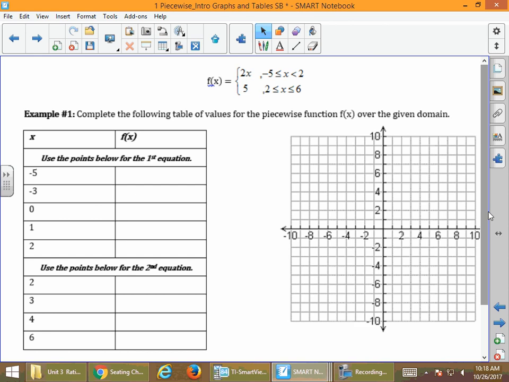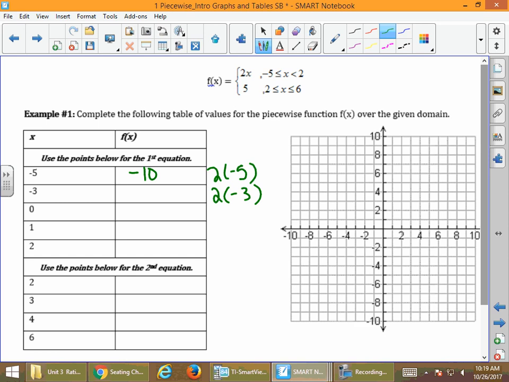So in terms of work here, this is 2 times -5, and maybe you don't even need to show that, but that gives us -10. I'm going to put -3 back in here for the first equation, which is 2x. 2 times -3 is -6.